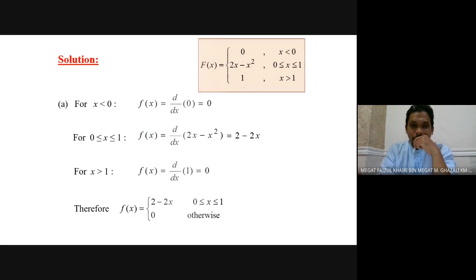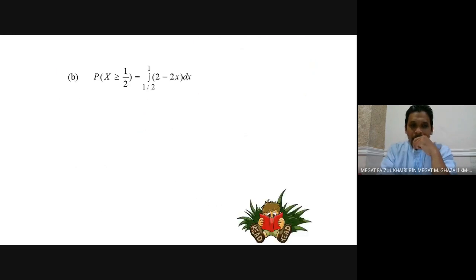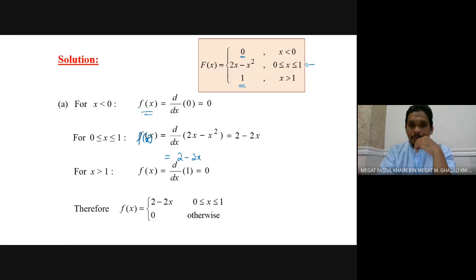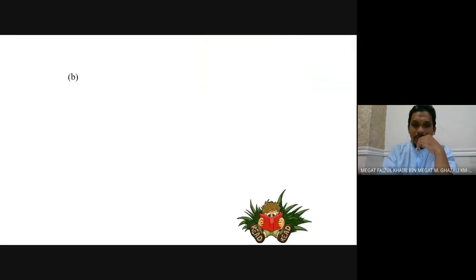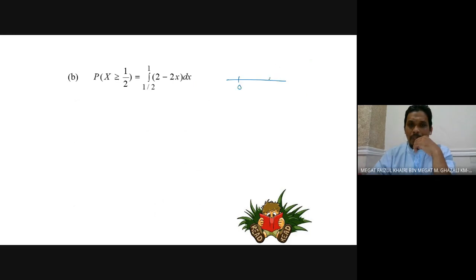Okay. So, probability of x greater than half. What's the domain just now? From 0 until 1. Okay, 0 until 1. 2 minus 2x. Okay. From 0 until 1. So, we want the probability of x greater than or equal to half, means that from 1 over 2 to infinity.